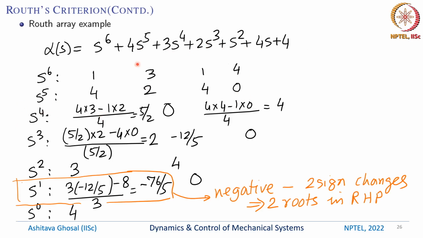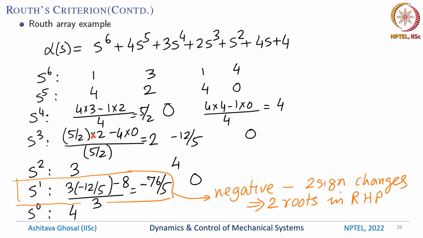Then the third row, it is 4 into 3, which is 12 minus 2, divided by 4, which is 5 by 2. Then it is 4 into 1 minus 1 into 4, so this will be 0 and so on. This row, which corresponds to s cube, is 5 by 2 into 2 minus 4 into 0 divided by 5 by 2, so this will be 2.